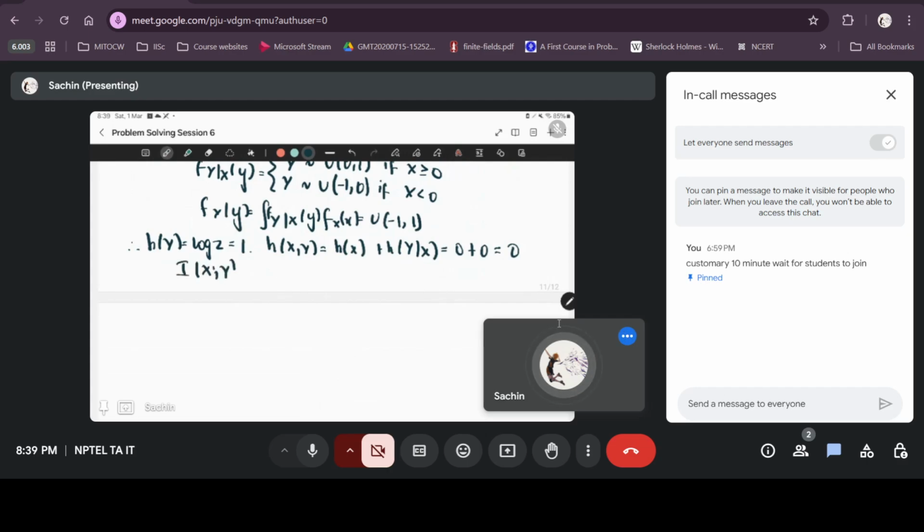But I of x comma y is h of y minus h of y given x, which is 1 minus 0, which is greater than 0.